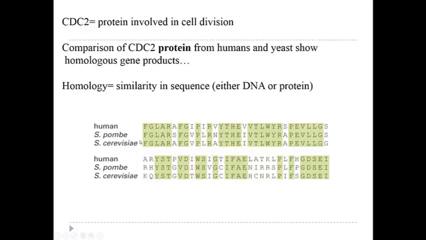Or they may be identical, for example, here between the two yeast species, but different in the human. Now, some of these differences are not very big differences, so leucine here in the yeast and isoleucine in the human. But still, they're differences. So maybe it's that these proteins, while they look similar in their sequence, don't actually function in the same way.